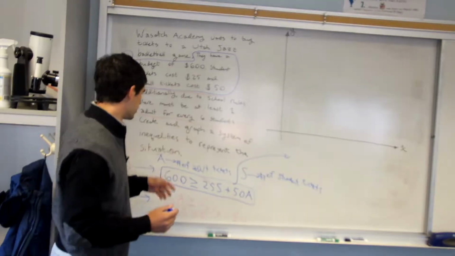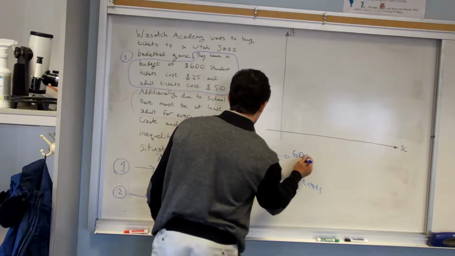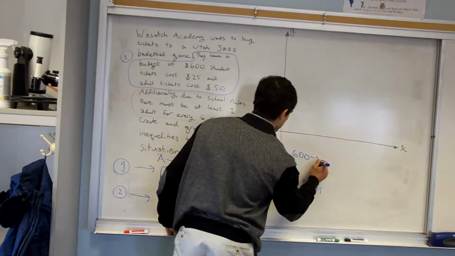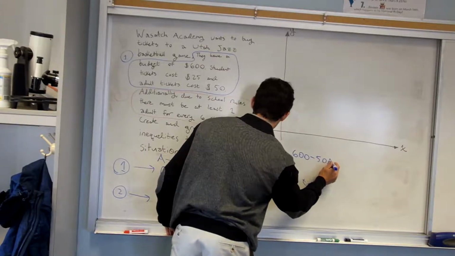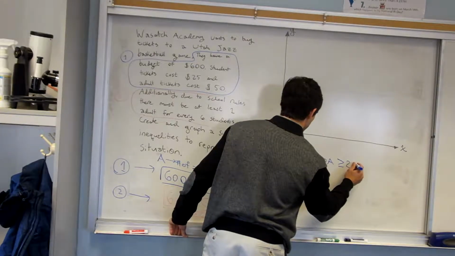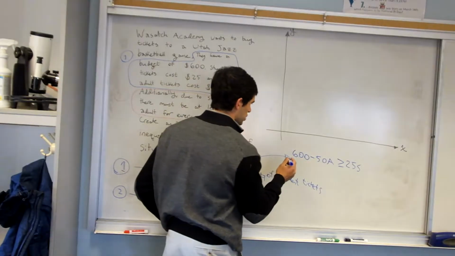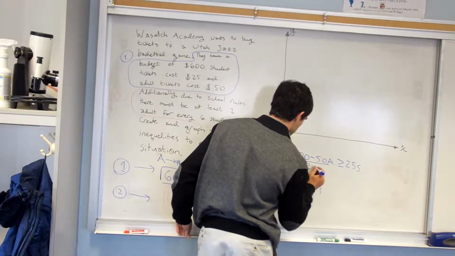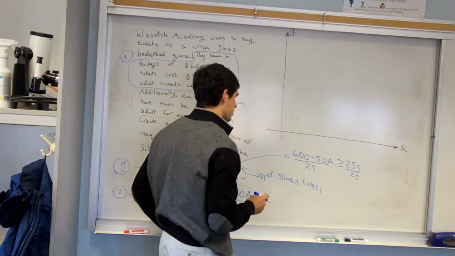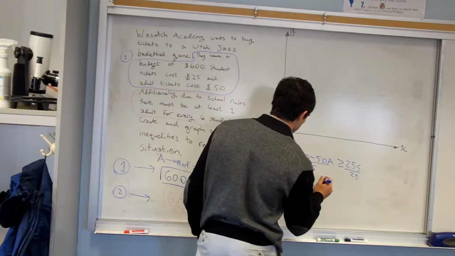dependent variable. So we can start to solve that one by saying we're going to subtract 50A from each side. We get 600 minus 50A is greater than or equal to 25S. And then, if we divide each side by 25, so 600 divided by 25 is 24.